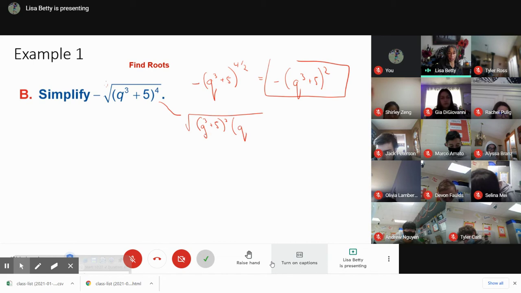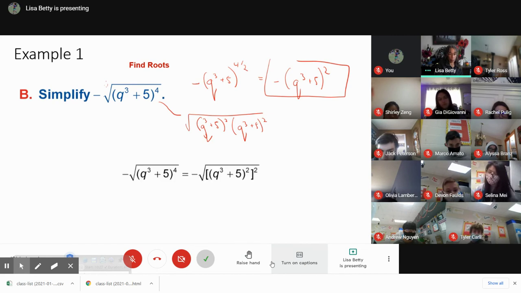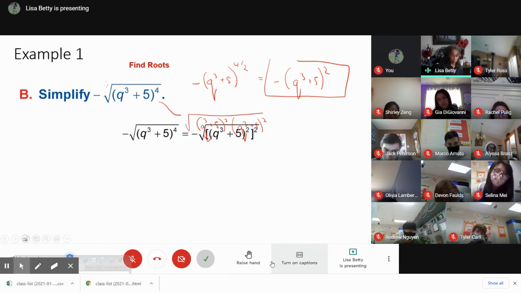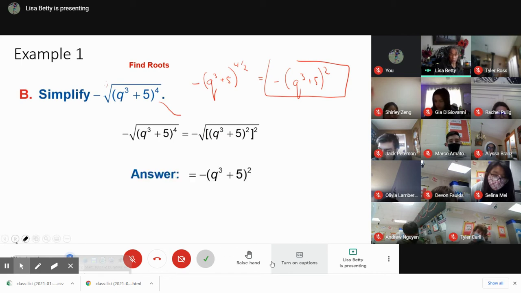That's a Q, not a G. So let me erase that because I have just effectively made it impossible to read. So there it is. And the square root of anything squared is itself. So there's your answer. Thumbs up if you got it right, please.